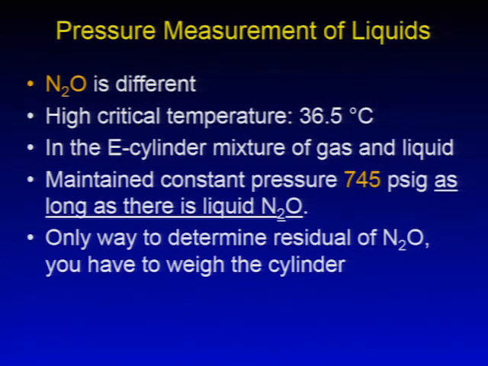So there is no way to determine how much residual nitrous oxide you have based on the pressure gauge itself. Therefore, in order to determine how much residual nitrous oxide you have, you have to weigh the cylinder.